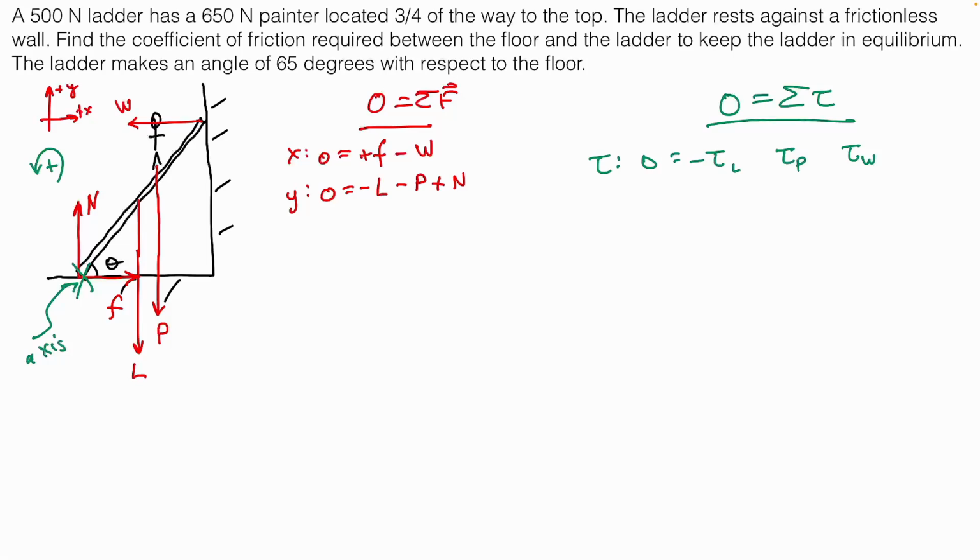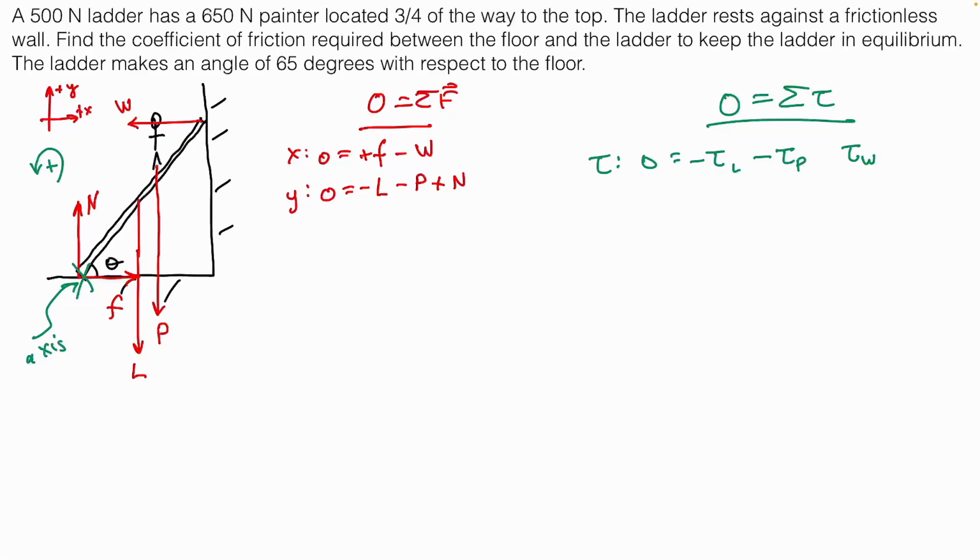What about the painter? Same. We can hold up our pencil and pull down on our painter. We can even hold it three-quarters of the way up and pull down, but the direction of the torque is still the same as the torque of the ladder, which means it's also negative. I'm getting really worried now, because I've got my ladder and my wall force, and I've got two negatives.